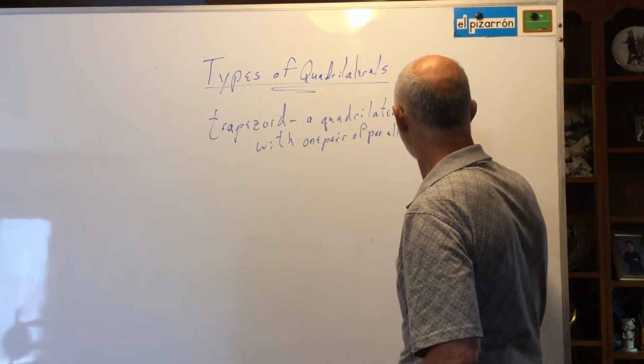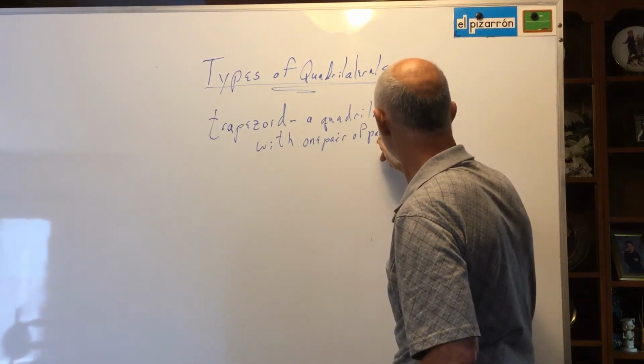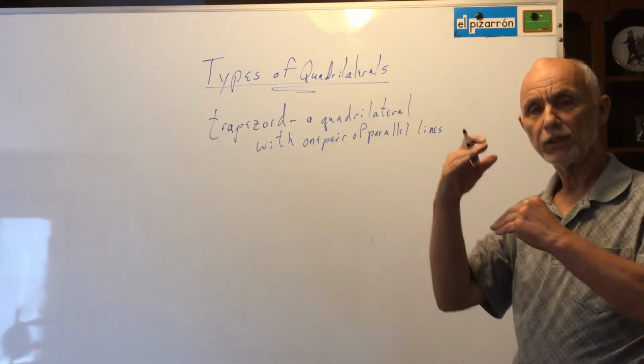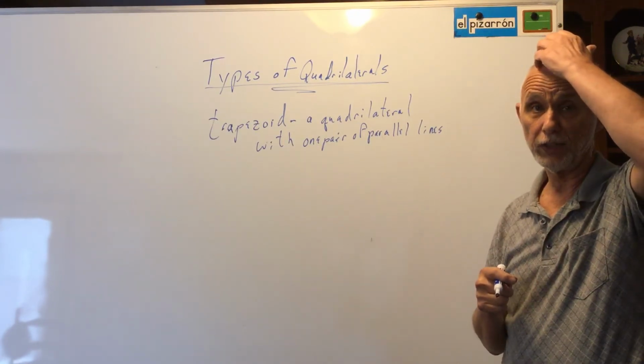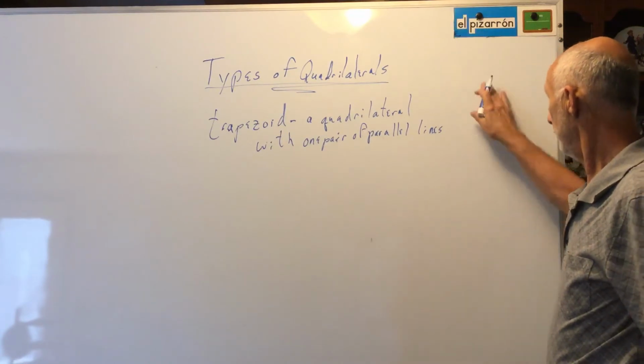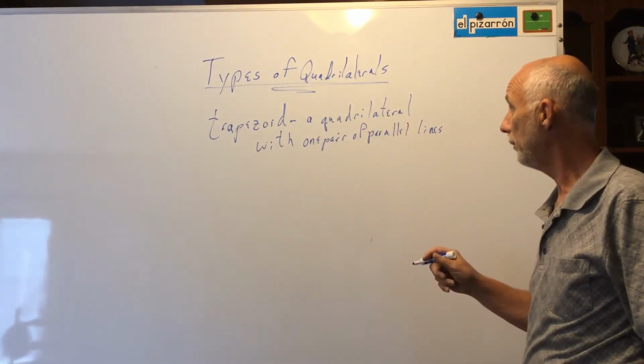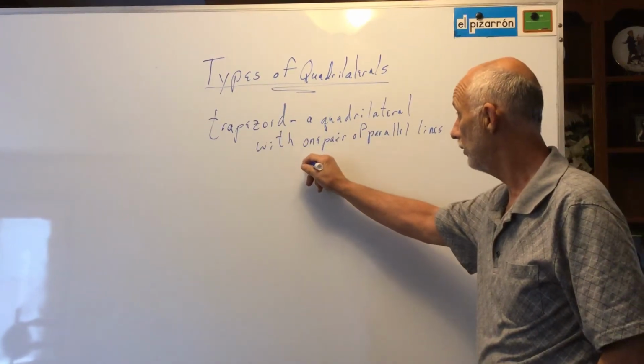By the way, remember what we mean by parallel lines? Parallel lines are lines that run side by side and never intersect, okay? So a trapezoid is a quadrilateral that has one pair of these parallel lines.